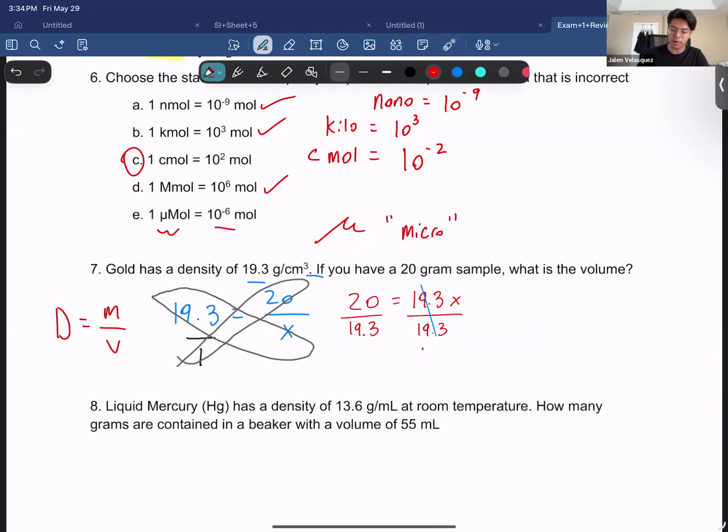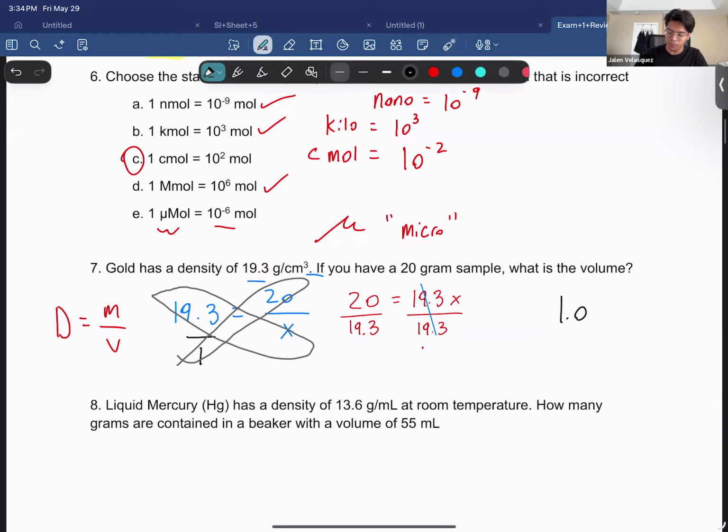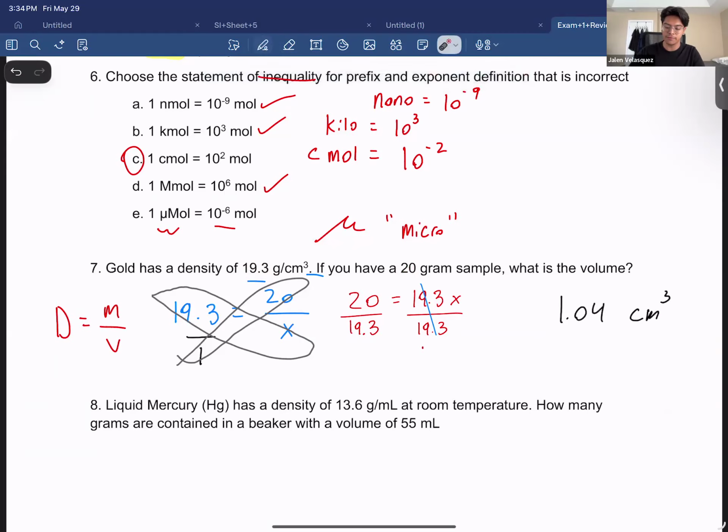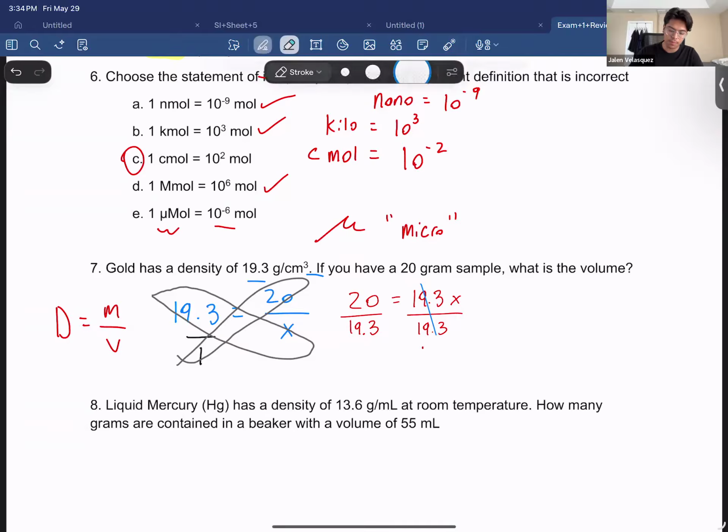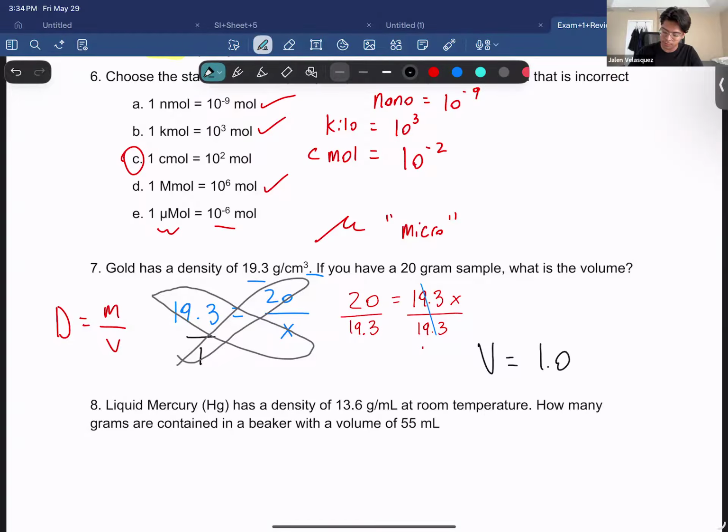When we wrote our answer originally, we said 1.04 centimeters cubed, which has three sig figs, but we need to give our answer to two sig figs. So our volume is equal to 1.0 centimeter cubed. Just drop that 4 to keep the least amount of significant figures.